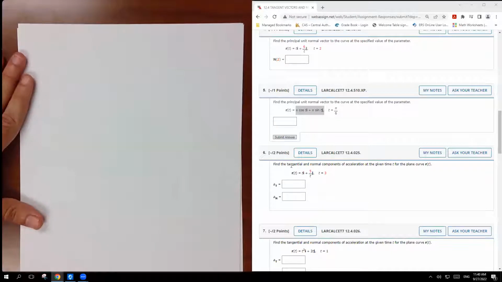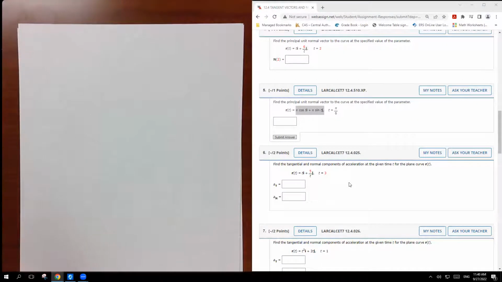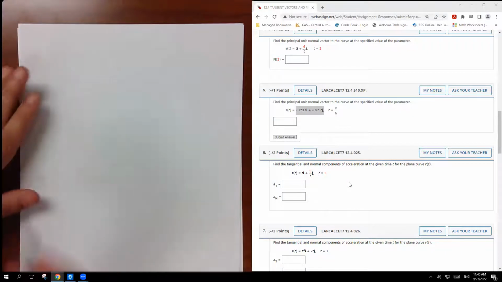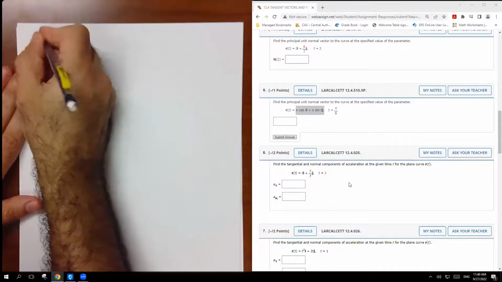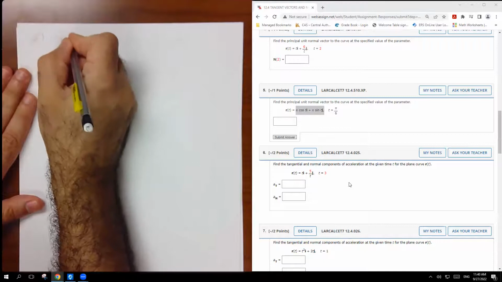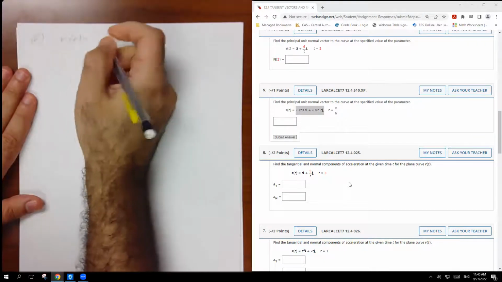Example 6, find the tangential and normal component of acceleration. So we have r of t, I think t equal to 3. Yes, you're gonna get exactly the same one. So example 6, which is r of t equal.